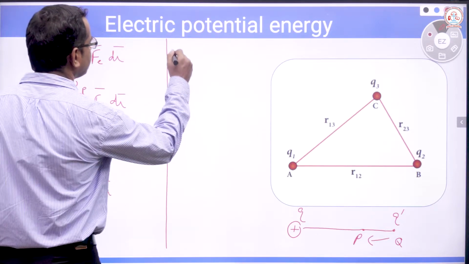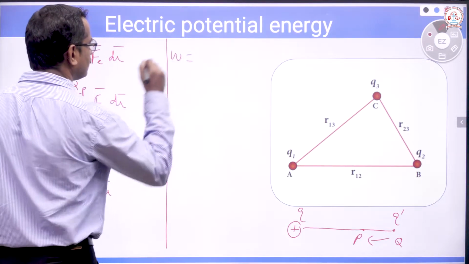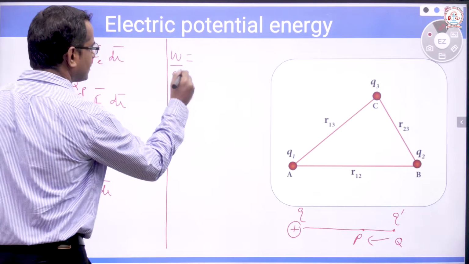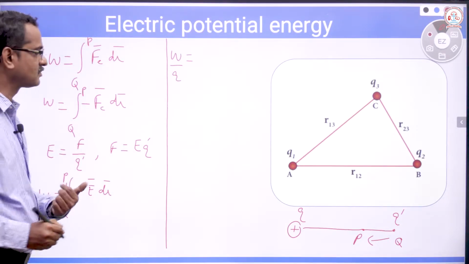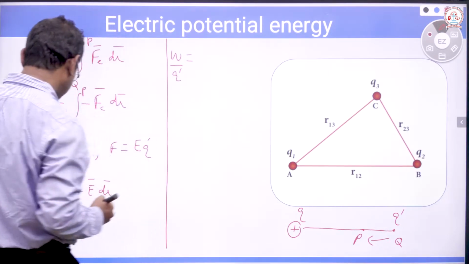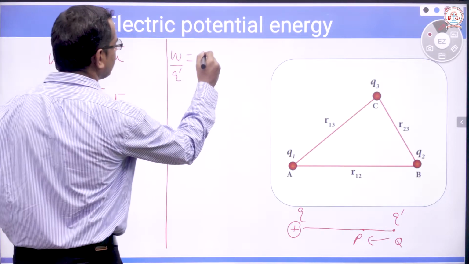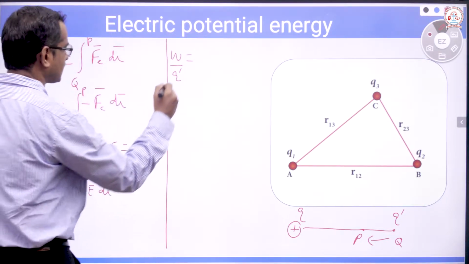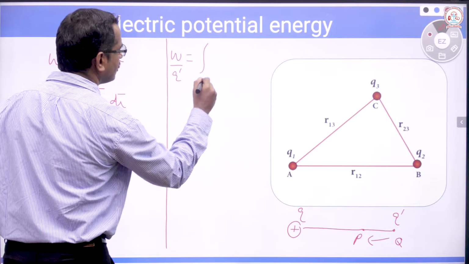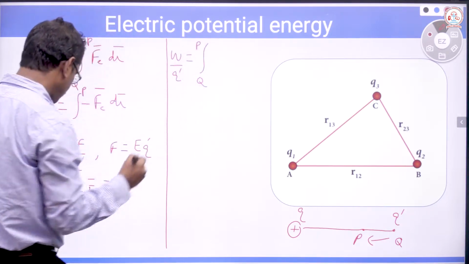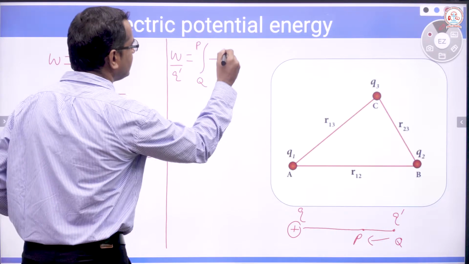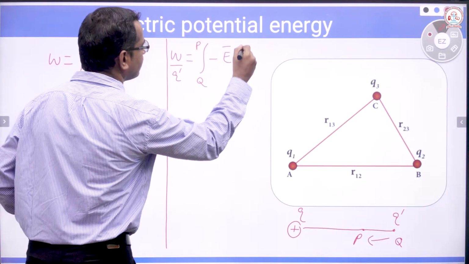Therefore, we can write that work done per unit charge, that will be for unit positive charge, is equal to, Q dash gets cancelled, integral Q to P of minus E vector dot dr vector.